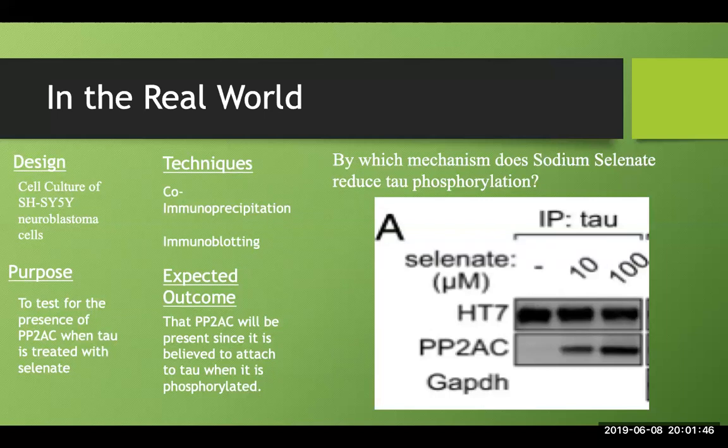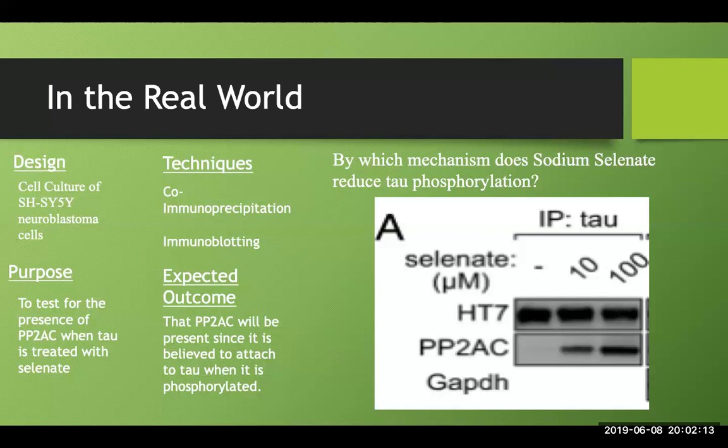The design was that they took tau from a cell culture of SH-SY5Y neuroblastoma cells, because it contains phosphorylated human tau, and they can't extract this from a human brain since you can't take that many neurons.